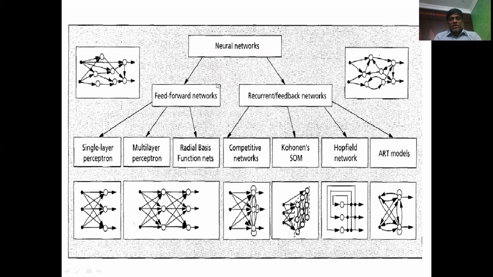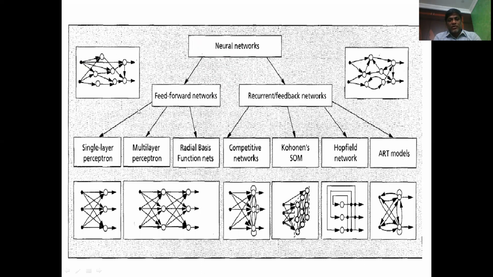This is the summary of all the types of neural network architectures, which is our topic of today's discussion. The neural networks are basically divided into two categories based on the interconnections made. One is feed-forward neural networks, and the other one is feedback networks or recurrent networks.